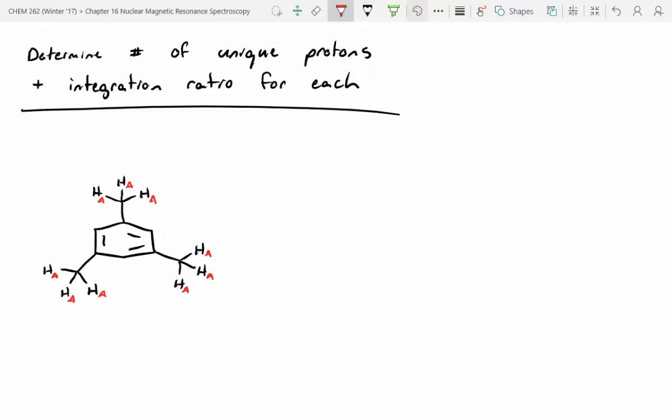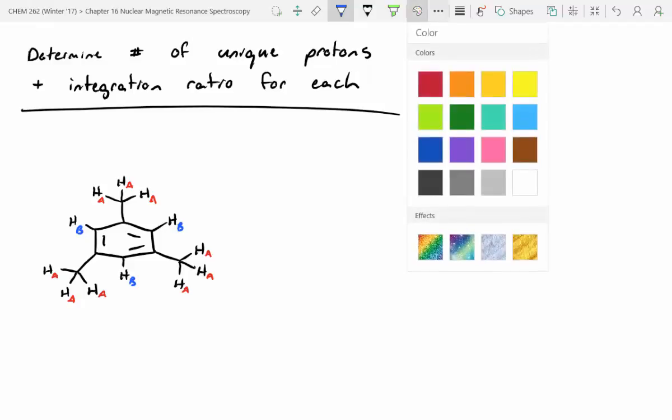And then last but not least, we also have these protons coming off of the benzene ring, and these are also equivalent due to rotational symmetry. So I'm going to label these protons B. All right, so we should only have 2 unique proton signals.